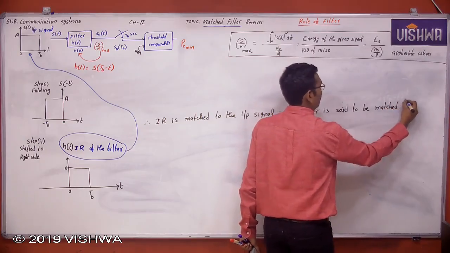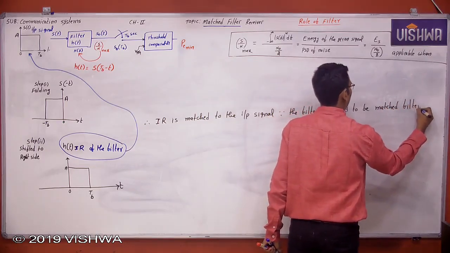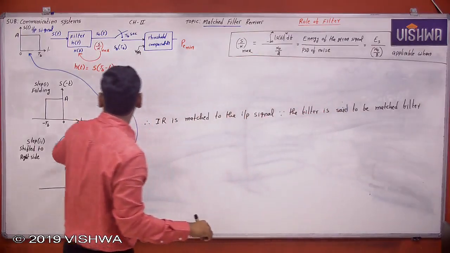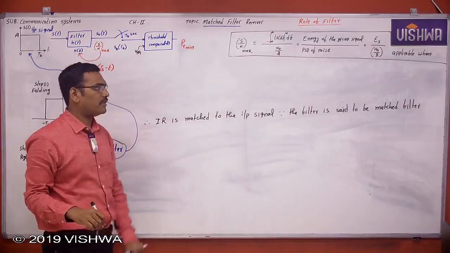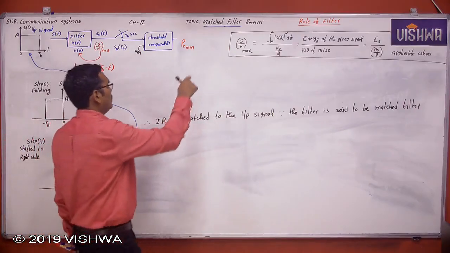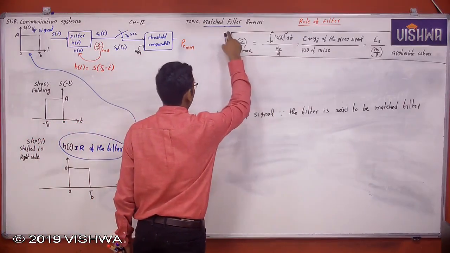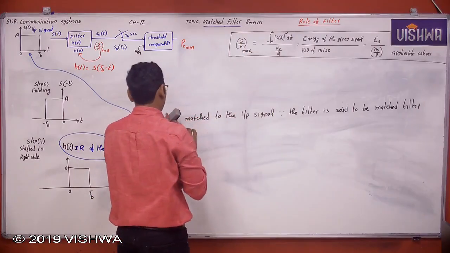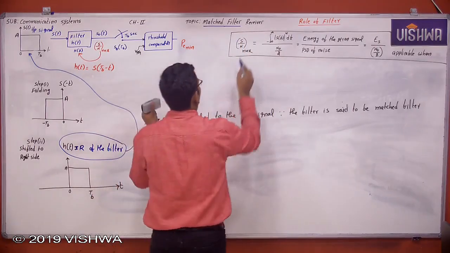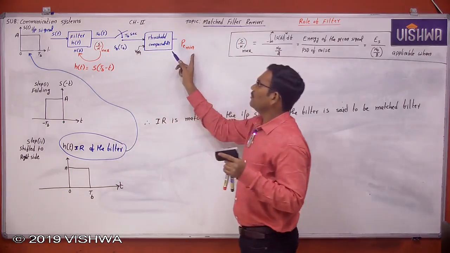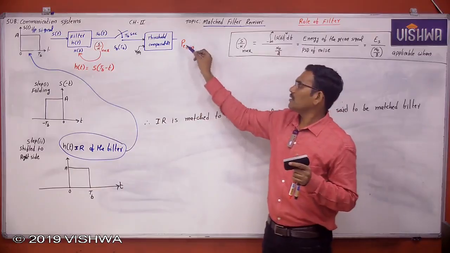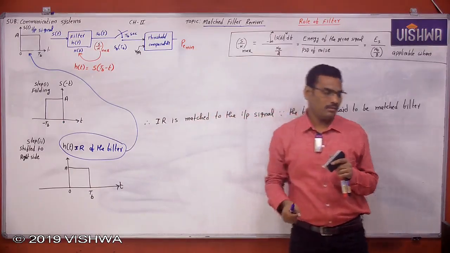The impulse response of the filter is same as the input signal or matched to the input signal, therefore the filter is said to be matched filter. This is the reason why this is matched filter, and it is used at the receiver in digital communication to maximize the signal to noise ratio and to get a minimum error probability of ones and zeros, having less error.